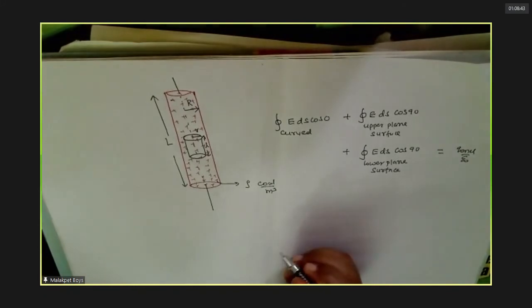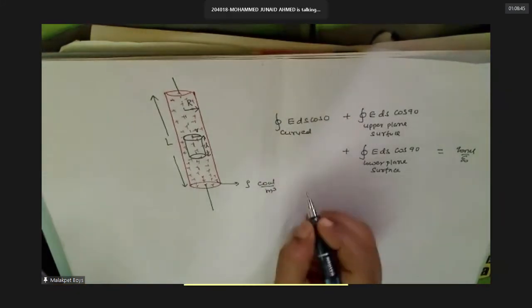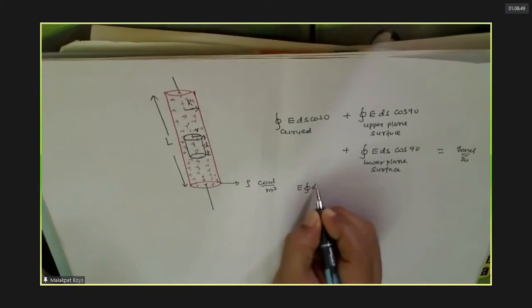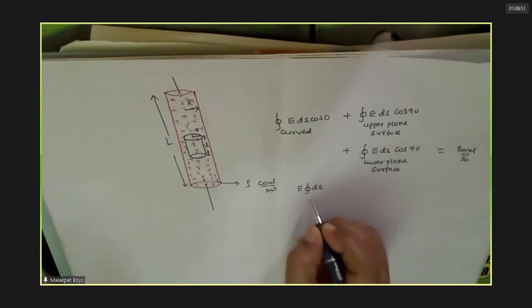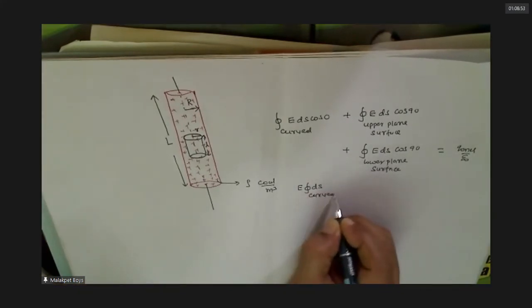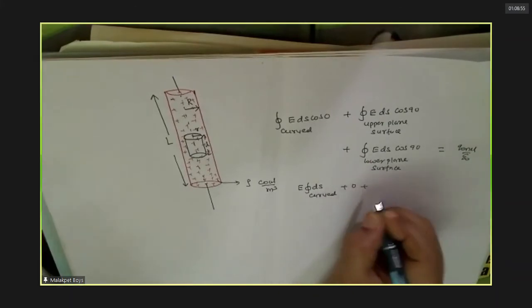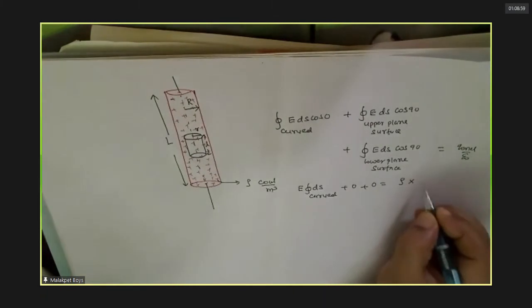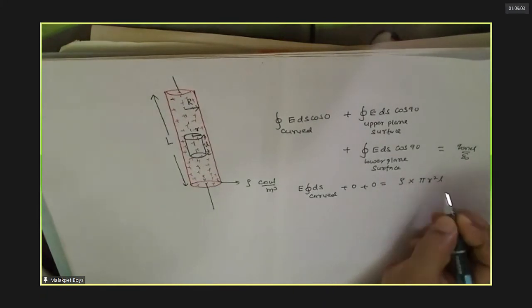Do you agree with this? Now for the curved surface, you can remove this because E is same at every point, no? For other two, it is 0. Now what is the volume of this? Do you agree with this?